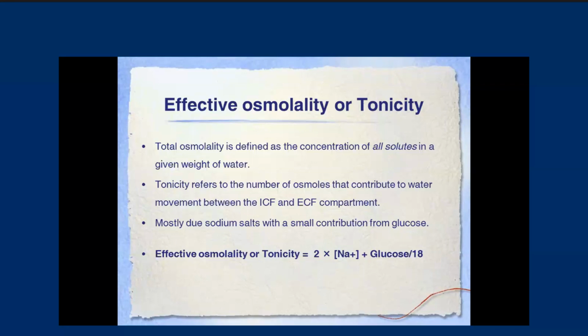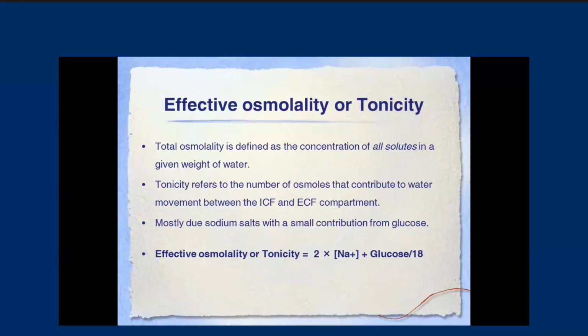So the other ineffective osmoles that may increase the osmolality, but may not affect the total movement of water, include, as I have mentioned, urea. The others are like alcohol, glycerol, and the likes. They may increase the osmolality, but they may not affect the water movement between the two compartments of the body. So effective osmolality or tonicity is mainly calculated by calculating 2 times sodium.